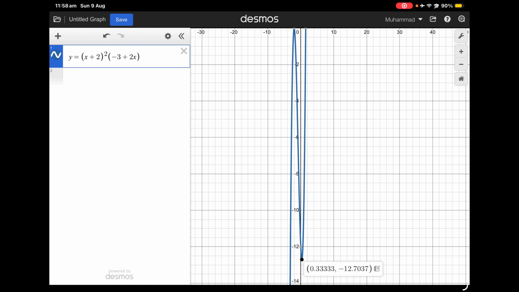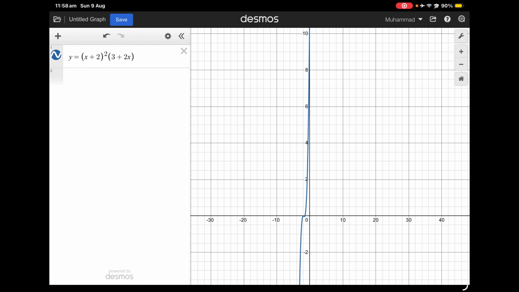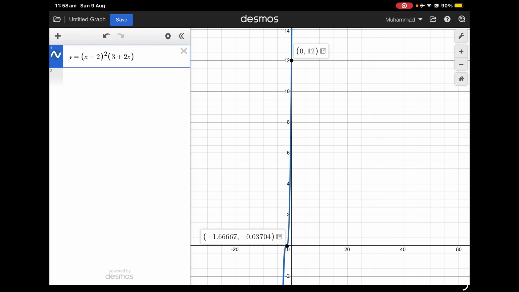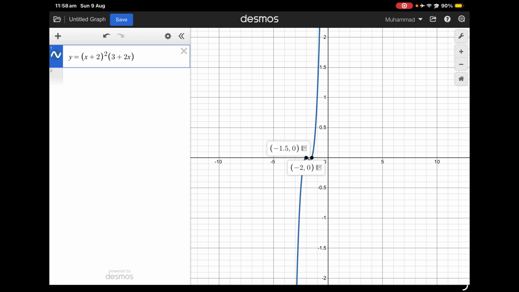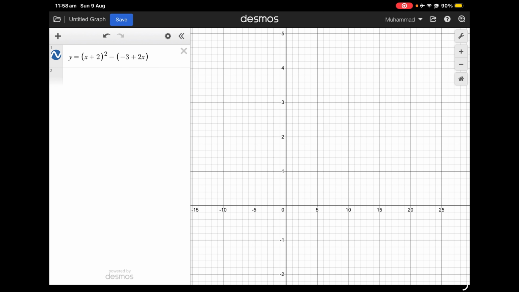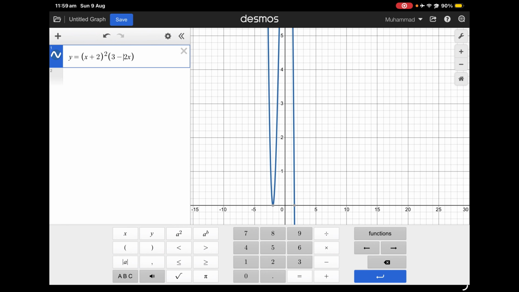But if I suddenly change this thing to 3, we have an intersection at 12, but now the root is at -1.5. So I will make the whole thing minus and then this thing minus. I mean 3 and then -2x.